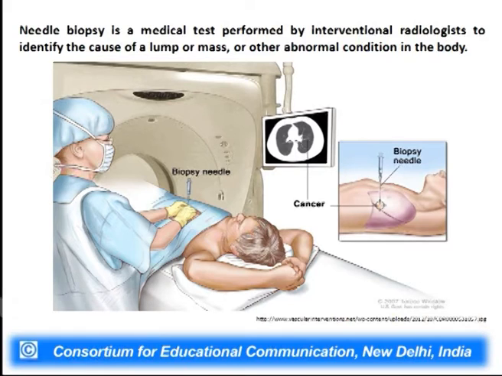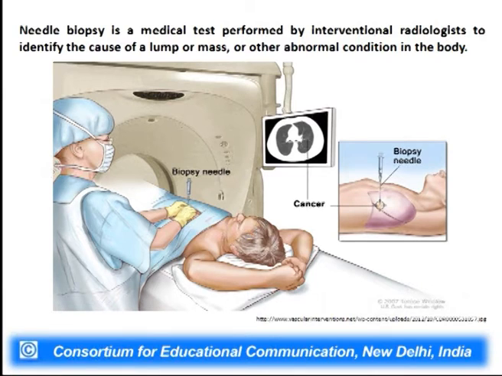Now, if we see the image over here, this is showing a needle biopsy which is assisted by an imaging procedure. We discussed that a needle biopsy is a medical test in which a needle is inserted into the area where the lump is suspected to be present. In that particular lump, the cells are extracted or aspirated out with the help of the needle and the syringe.